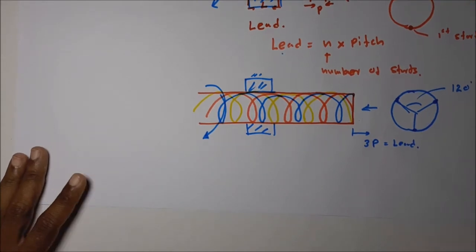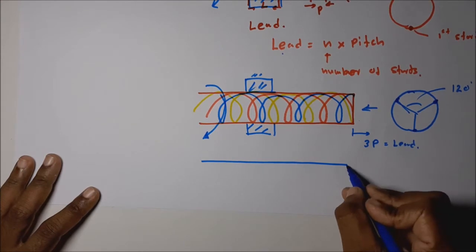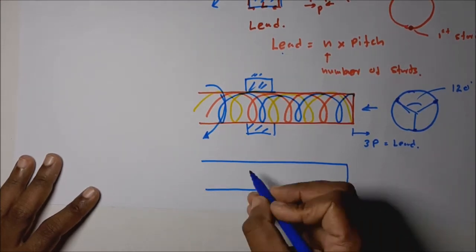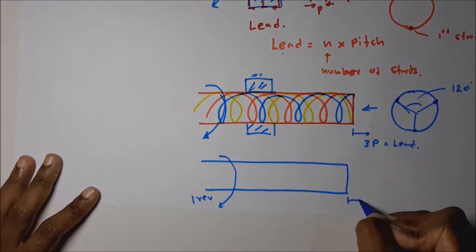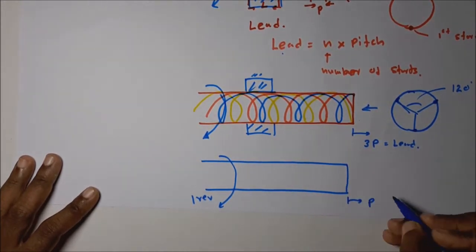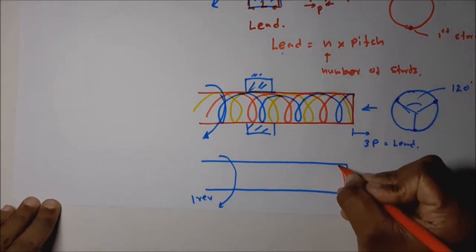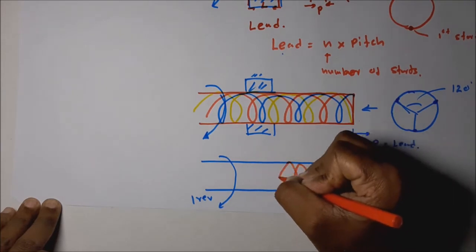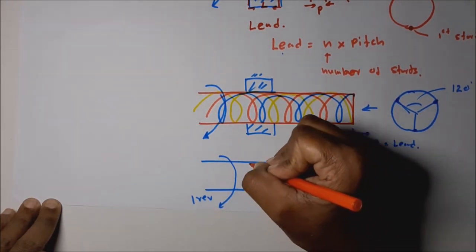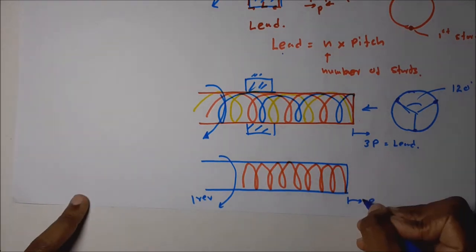What happens if you take the single star thread? Per one revolution, the extension is equal to p, only p. If you take the single star thread, the extension is equal to the pitch value.